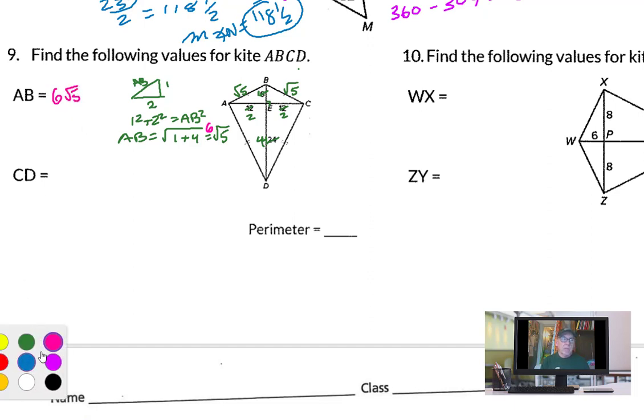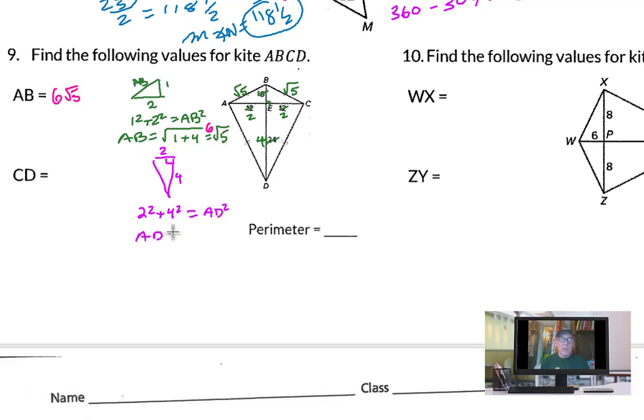Then I want to do the same thing down here that I did up there. Now I'm looking at this triangle here. Again, this is a right triangle. We have a 2, and we have a 4. Remember, we already took the 6 out. So now we have 2 squared plus 4 squared equal to this distance squared, which we'll call AD squared. Take the square root of both sides.